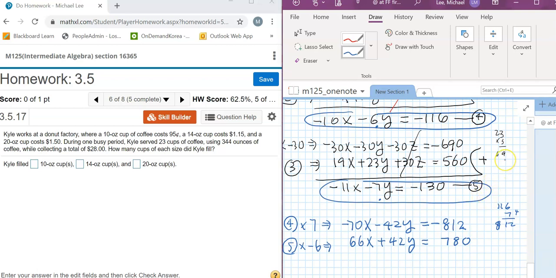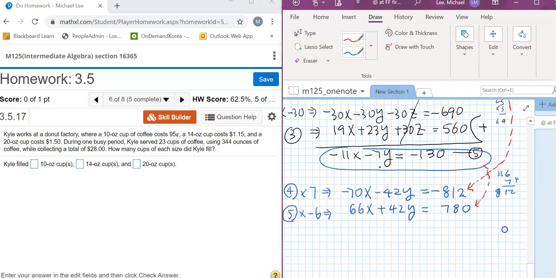So this equation becomes this. This equation becomes this. Okay. So now I add those two.